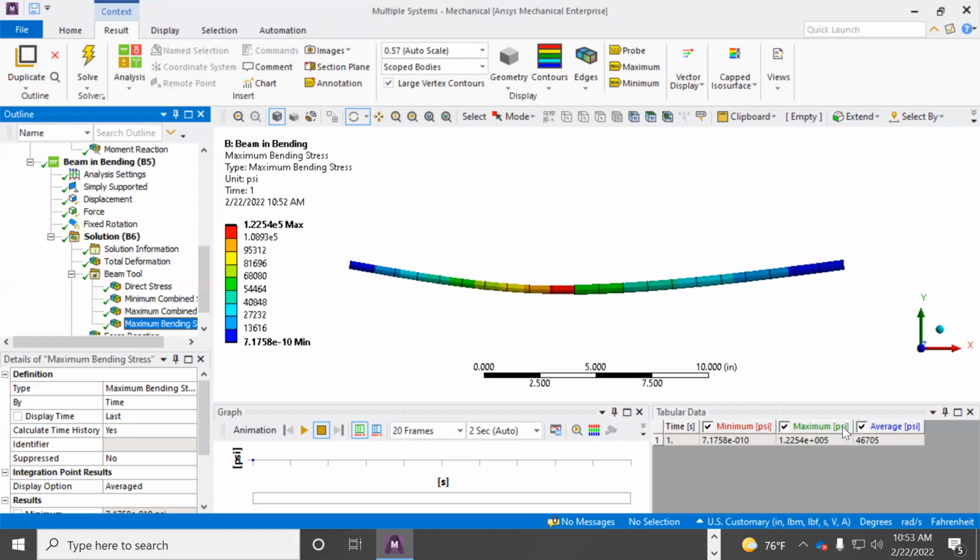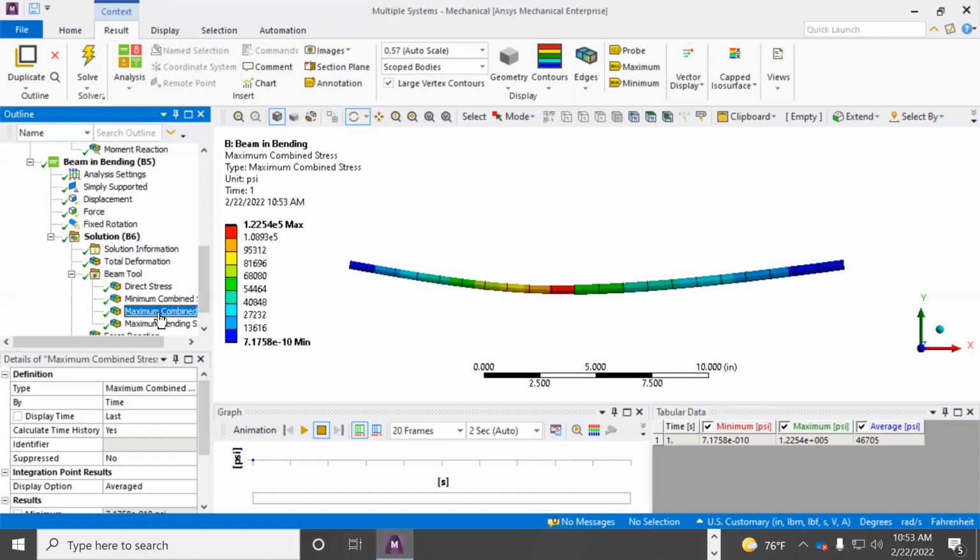Direct was 0, bending is 122,000. When you look at the combined, you're adding the two together. So I should still get 122. Okay, so if I go to the maximum combined, I get this. It is very important to understand what we're doing.